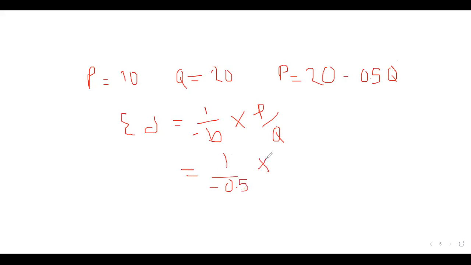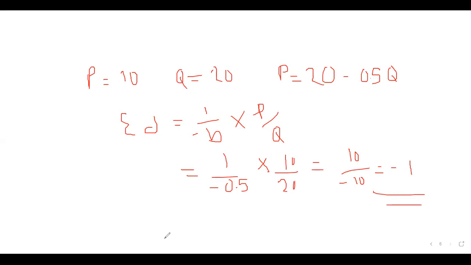And our price is 10, and our quantity is 20. And what do we get? -1. And what is our comment at this point? Unit elastic.